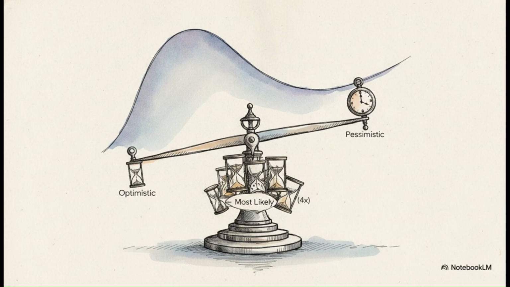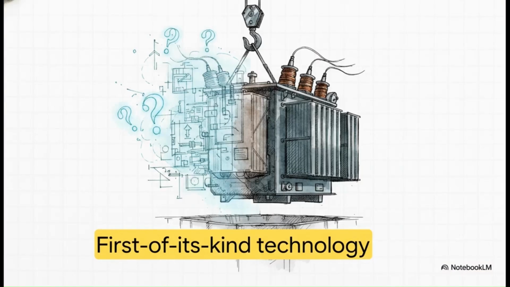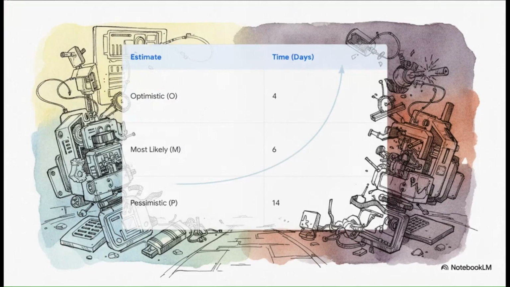Okay, let's make this super concrete with a mini case study. Imagine you're working at a utility company and your job is installing and commissioning a brand new, completely first of its kind power transformer. You and your planners have very limited precedent to draw on. So you go to your engineers to get those 3-point estimates.